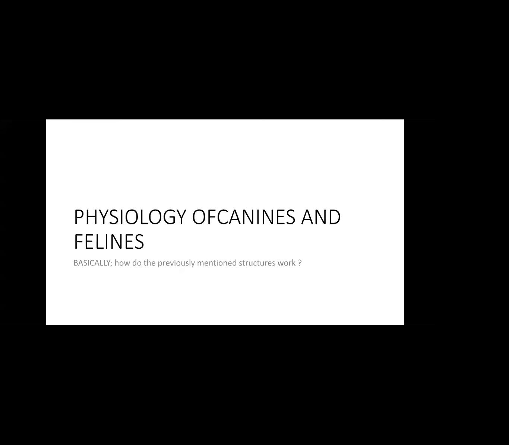So this physiology will be general and very basic. We won't go into details to say what hormones are involved and so forth, but it will be as basic as it can, to give us an overview of how these same muscles and anatomies we've looked at work.